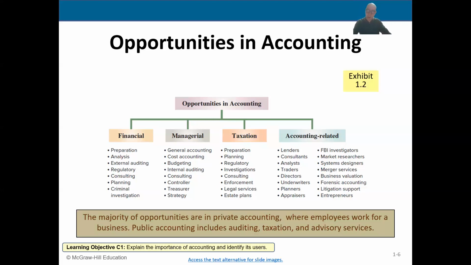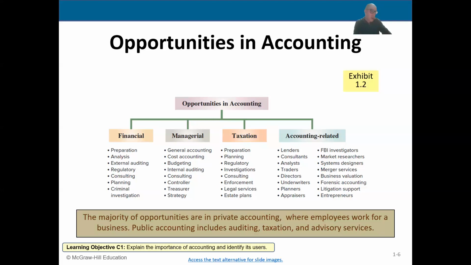To break it down a little bit further, these types of positions are in public companies, private companies, government, not-for-profit, etc.